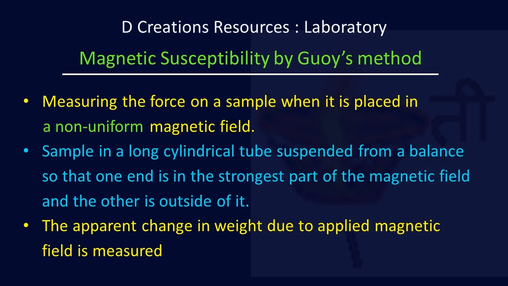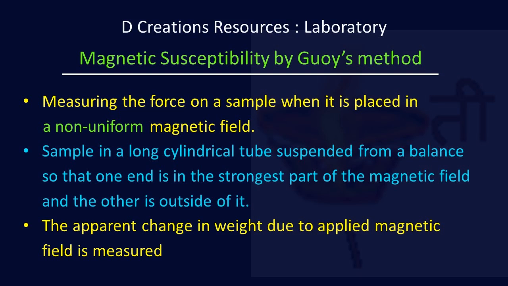With the electromagnet turned on, this value is going to change. For a paramagnetic sample, there will be an increase in the apparent weight. But if you consider an empty tube which is diamagnetic, it is going to show a decrease in apparent weight. The change in the balance reading is recorded, and this apparent change in weight is directly proportional to the magnetic force which is acting on the sample.